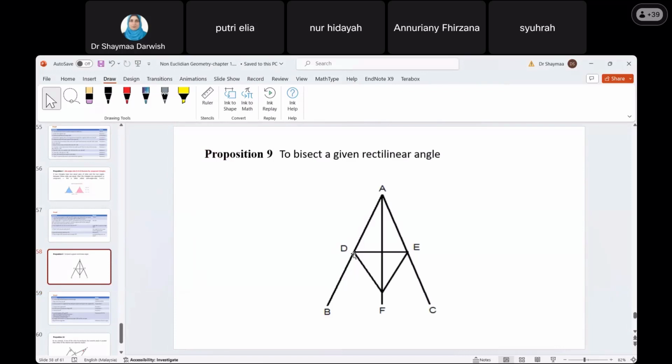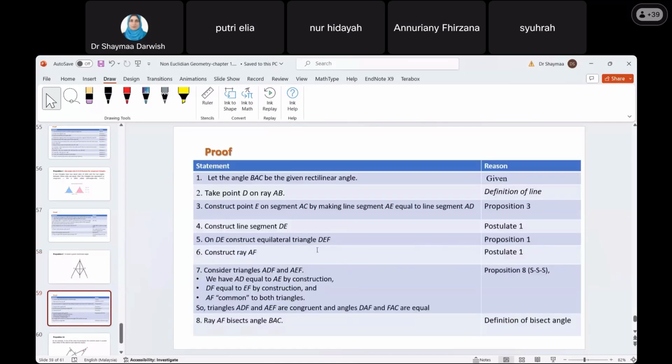If you have a point A and a line segment AD, from the point A you can draw a segment equal in length to AD. So AE is equal to AD using proposition 3.